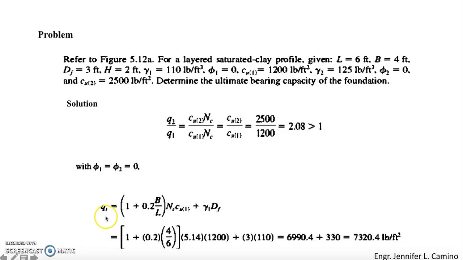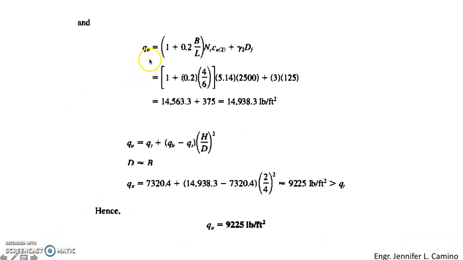So compute our bearing capacity at the top layer soil. Using the equation, we have 7,220.4 pounds per square foot. And of course, for the bearing capacity at the bottom soil, this is equivalent to 14,938.3 pounds per square foot.